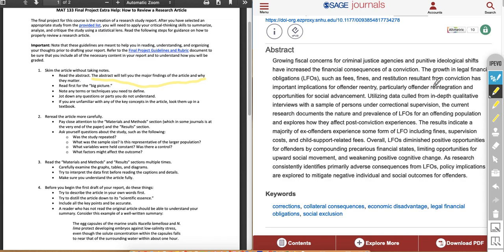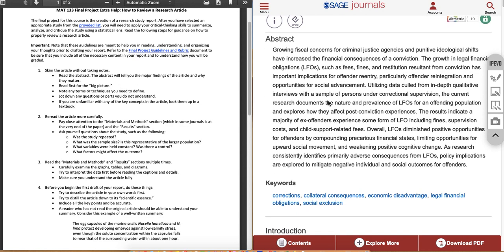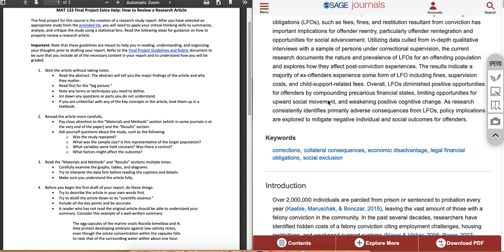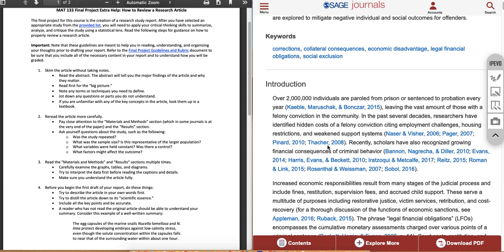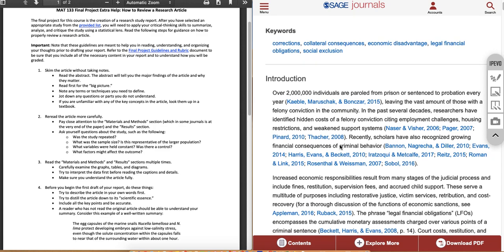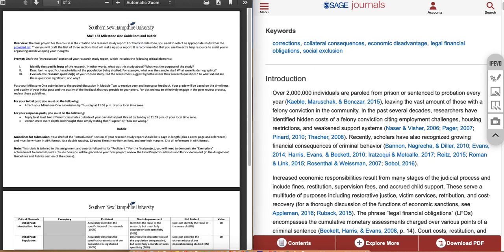And then you'll be able to get that focus from the abstract and also the introduction. There'll be information in there about the focus and what the purpose is. So definitely what the study is about, the purpose.